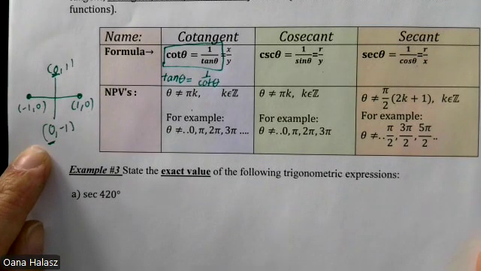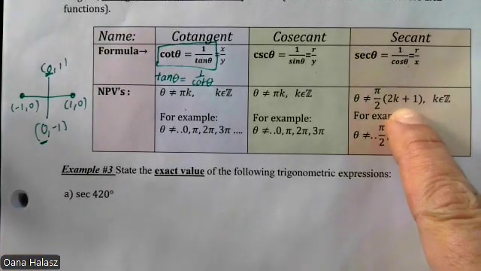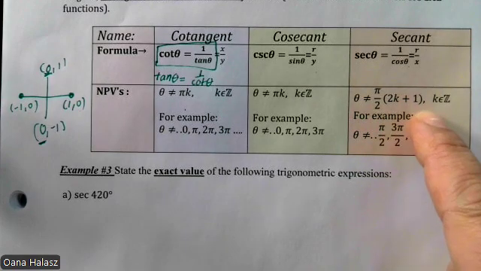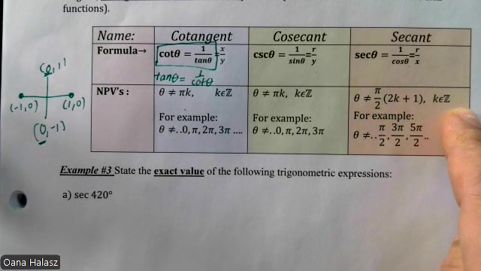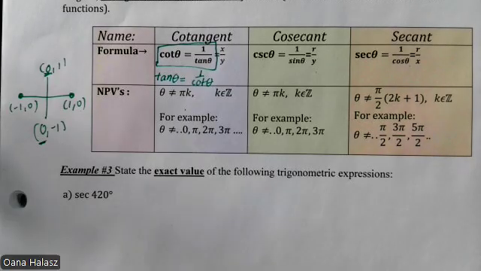So you want to exclude those locations, those angles, and this is how we write odd multiples of 90 degrees or pi over 2: pi over 2 times (2k plus 1), and k belongs to Z. Formula for secant in terms of x, y, r is r over x because cosine was x over r.